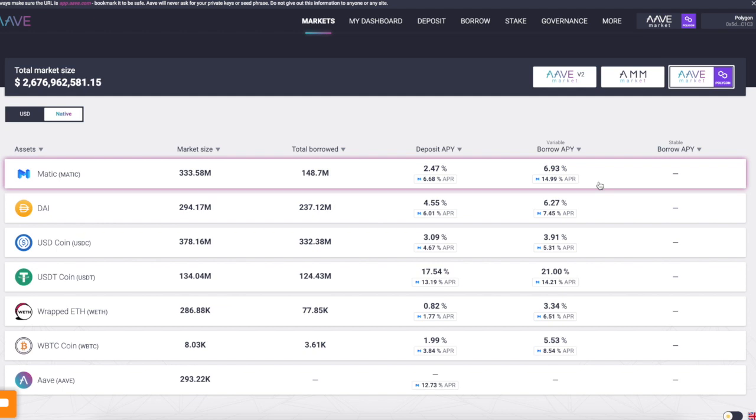So say you only have 1,000 MATIC, now you're able to get a leveraged position. You get a loan for 500 MATIC. So now you have 500 more MATIC, and technically you have 1,500 MATIC. You're earning 10% on 1,500 MATIC, you're paying 7%, and you're earning a bonus 15%.